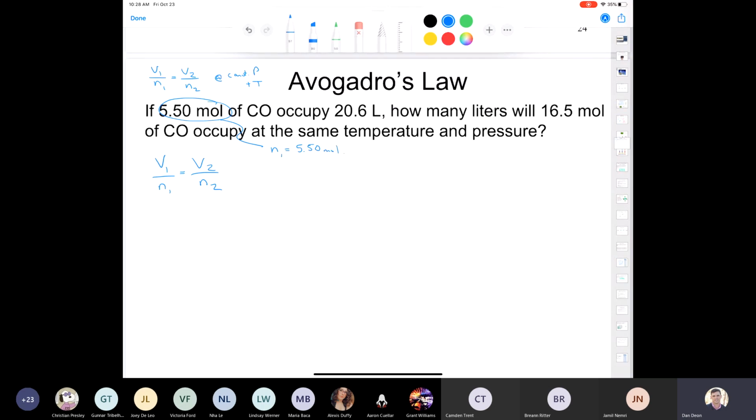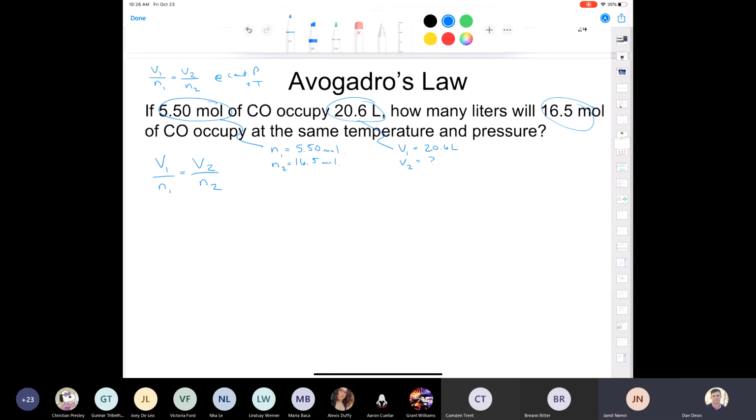And I'm going to skip right ahead to how many moles we're ending up with. So we're ending up with N2 equal to 16.5. So we're increasing the number of moles of gas. The initial volume, our V1, was equal to 20.6 liters. And we're solving for the final volume, V2.